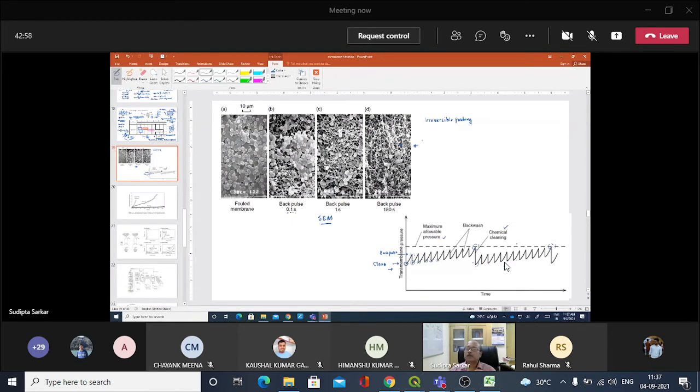But even after chemical cleaning, you are not guaranteed that you will get the same thing as the new membrane. So there are different types of resistances developed in the membranes with the passage of time.